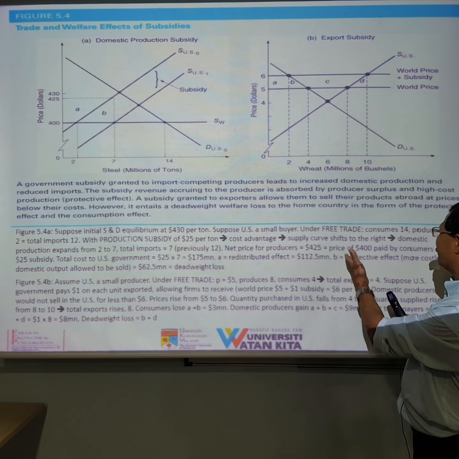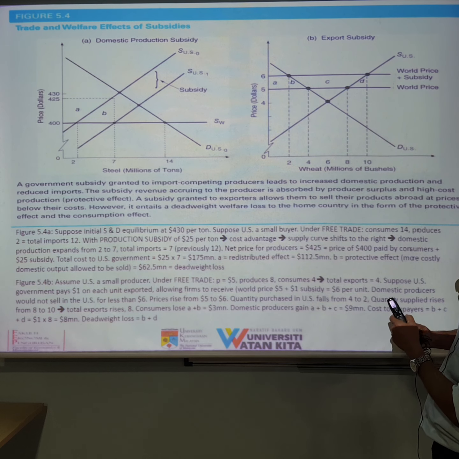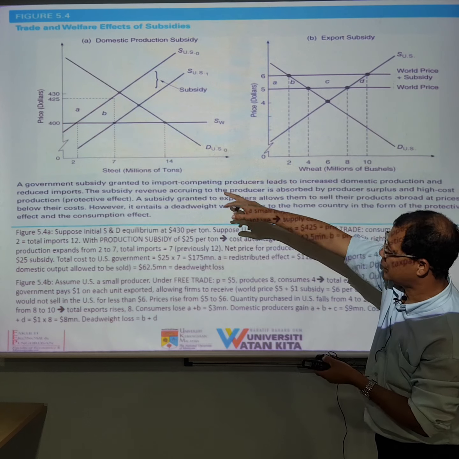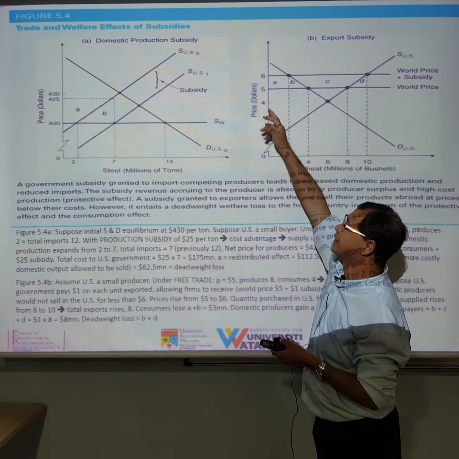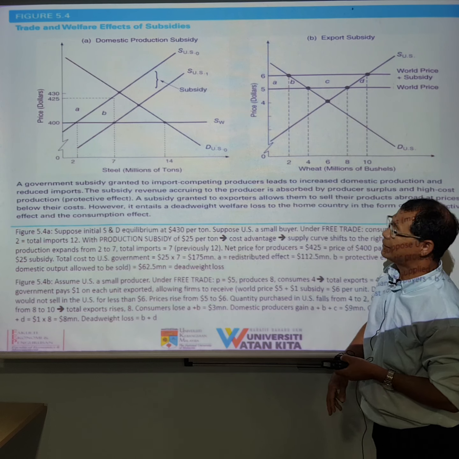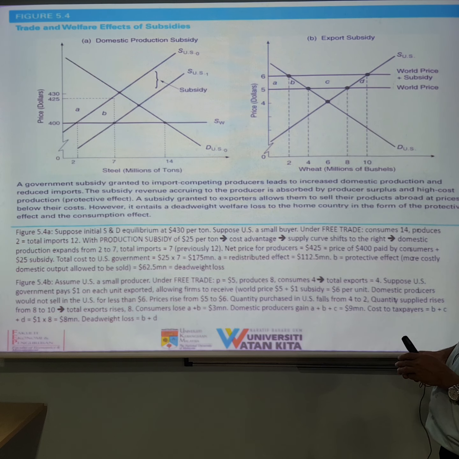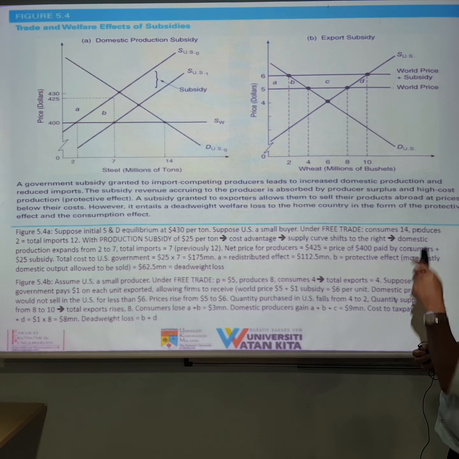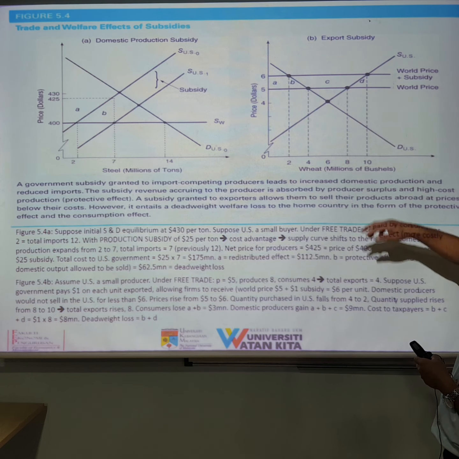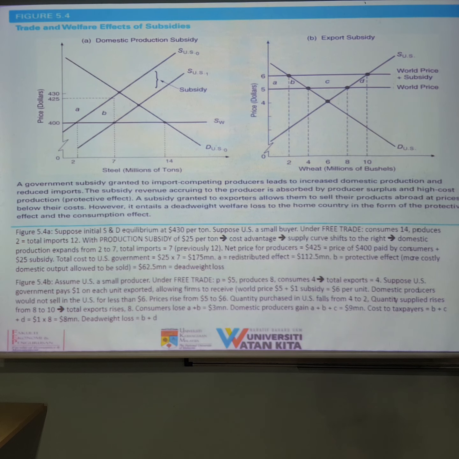They collect now $6. So that is deadweight loss. And B is another deadweight loss. Consumers have lost it.